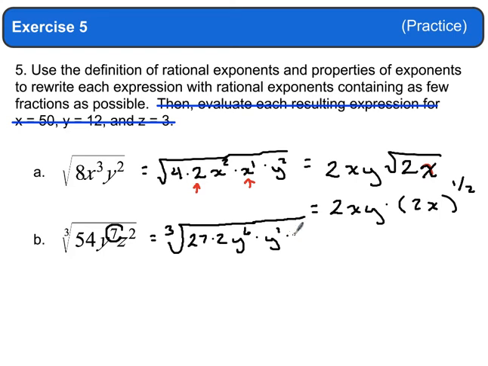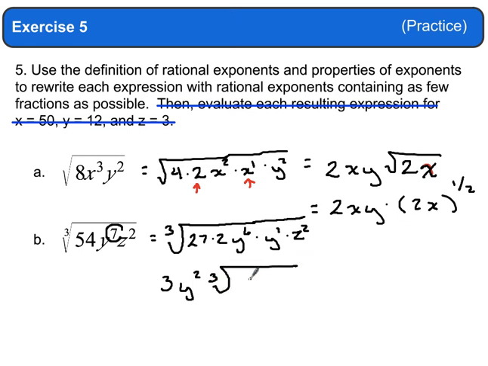There's nothing we can do with the z squared that's going to make that work. We're going to separate this a little bit. Anyway, the cube root of 27 is 3. 6 divided by 3 is y squared.